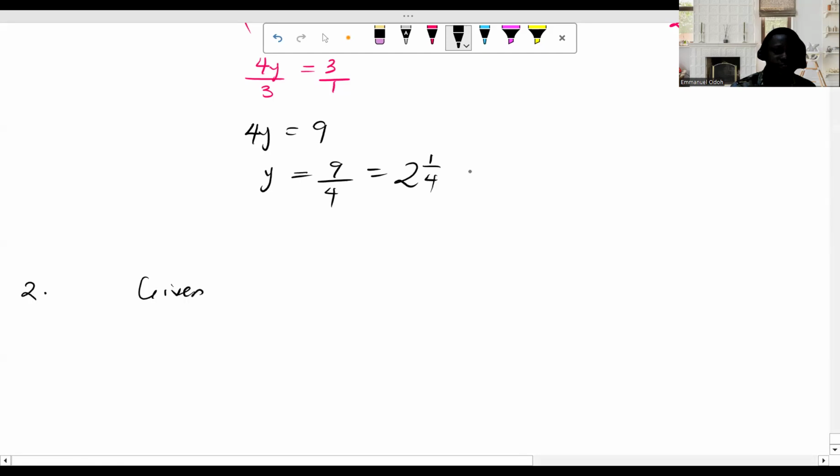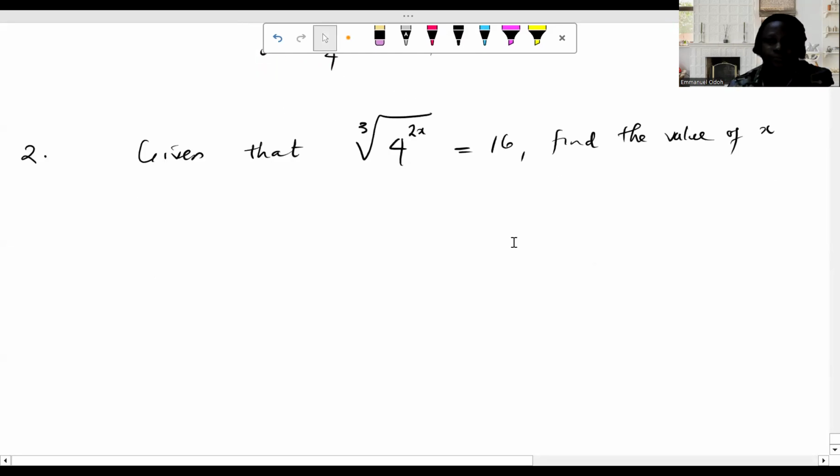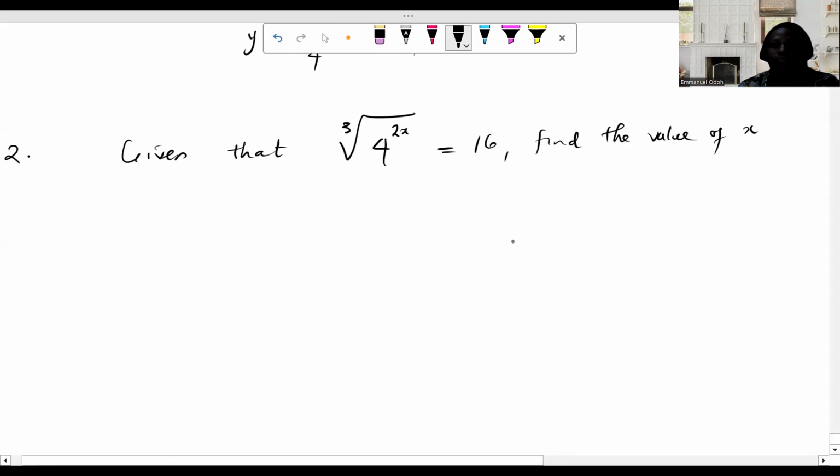So given that 2 to the square root, the cube root of 4 to the power of 2x is equal to 16. Find the value of x. So solution.